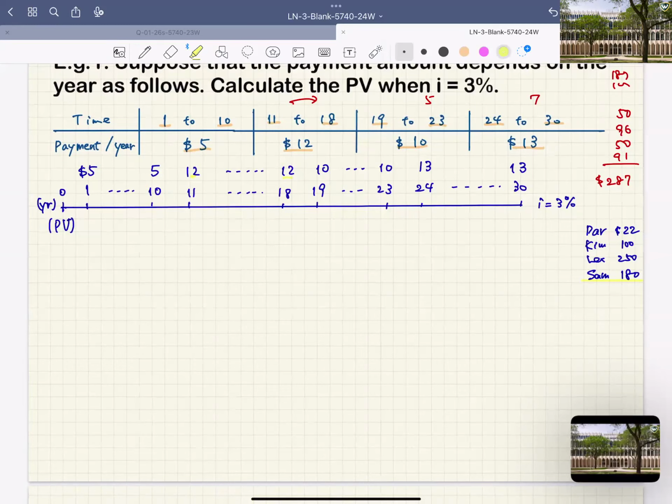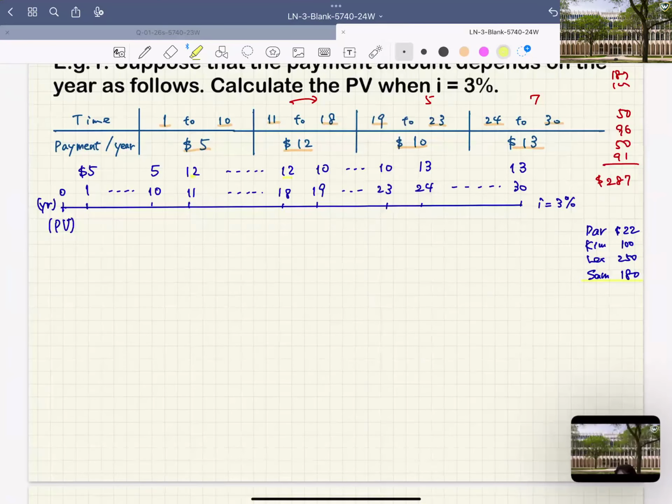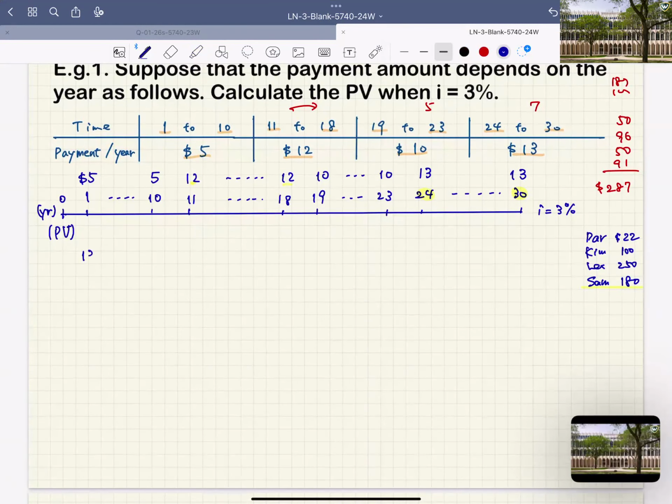Okay, so we have the $13 payments for t is equal to 24 to 30. So we consider $13 payments for 30 years at first, from t is equal to 1 to 30. Okay.